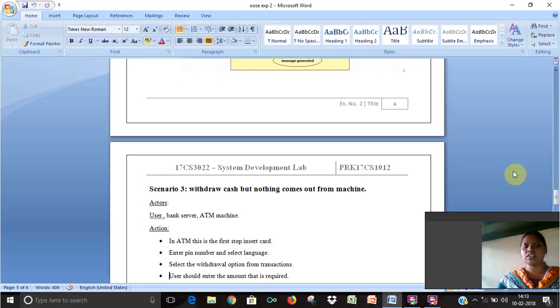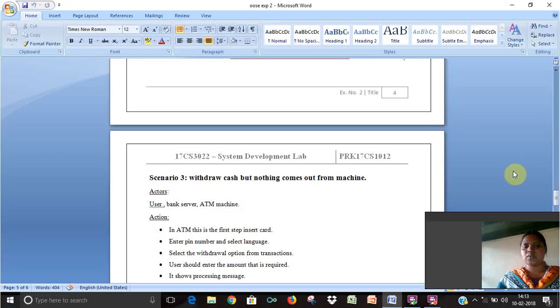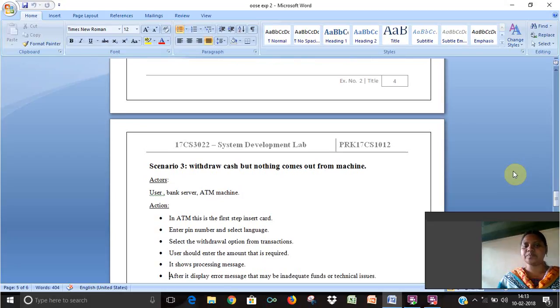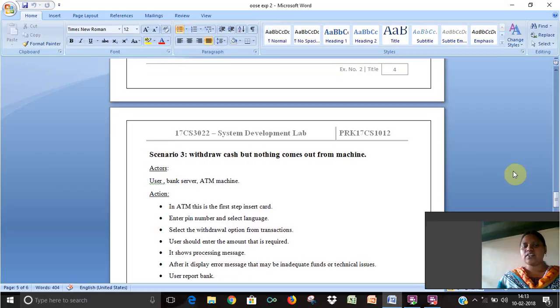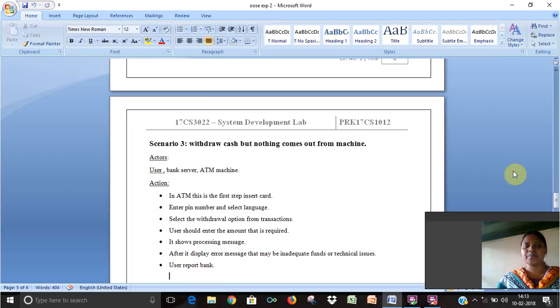The user should enter the amount that is required to withdraw. After entering, it will show a message like an error message. It may be inadequate funds or technical issues, so the user can report that issue to the bank.